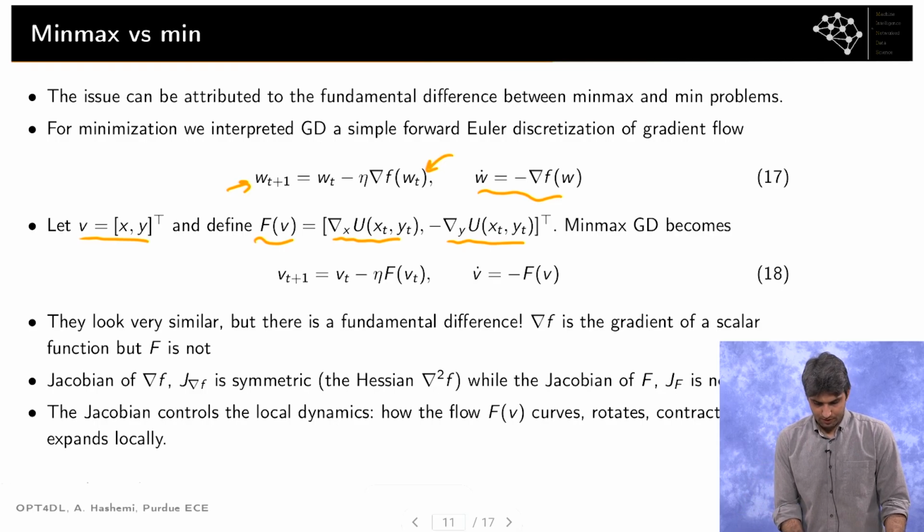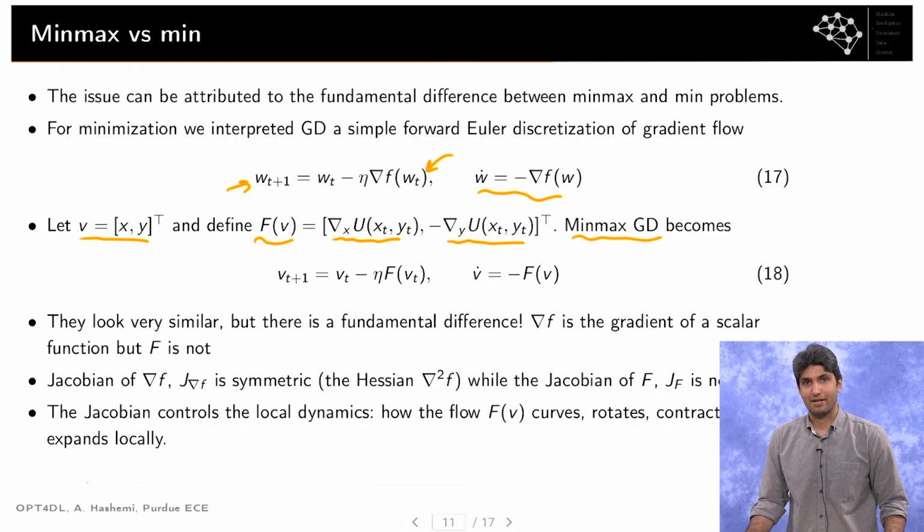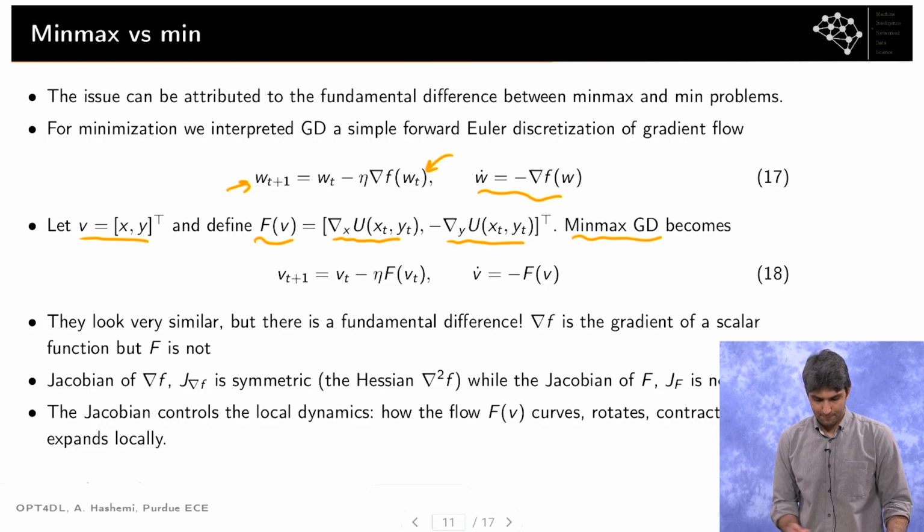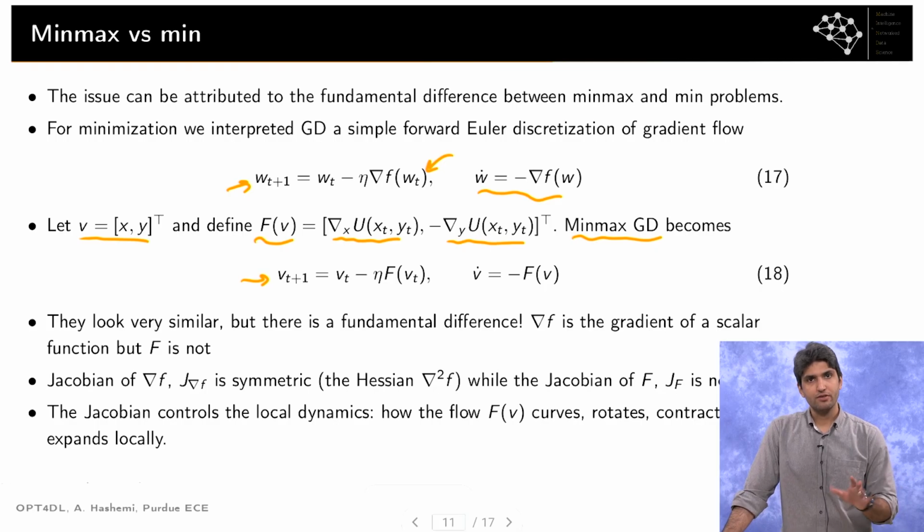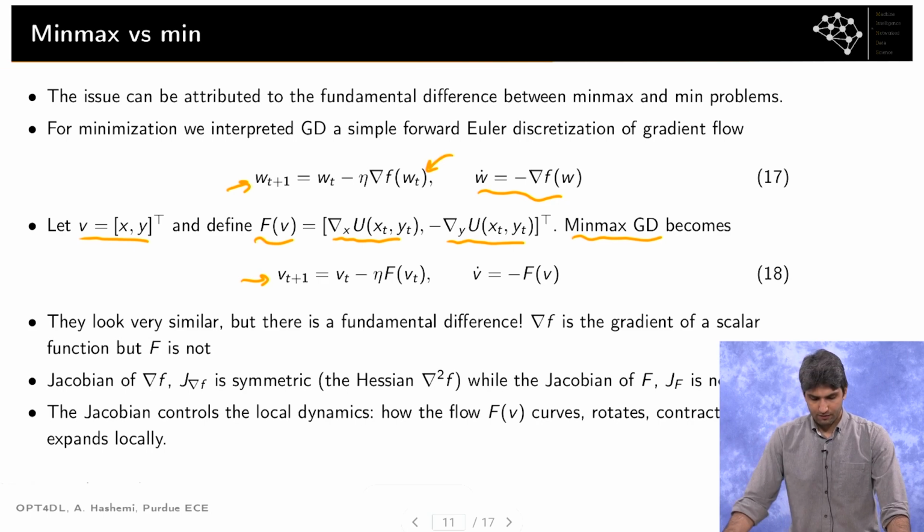Now, when we form this, we can compactly write down the min-max gradient descent algorithm. Its update is given in this form. It is very similar to gradient descent, saying that I'm going to go from the current solution to the next one by following the direction of F, times some step size or learning rate.